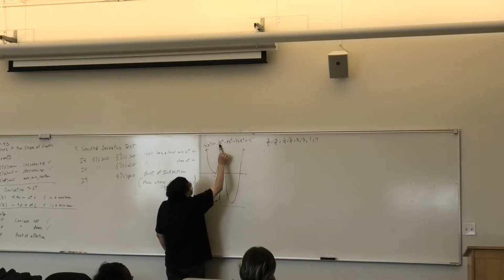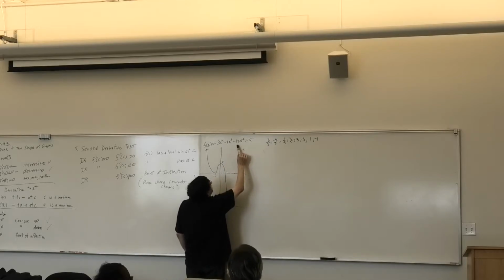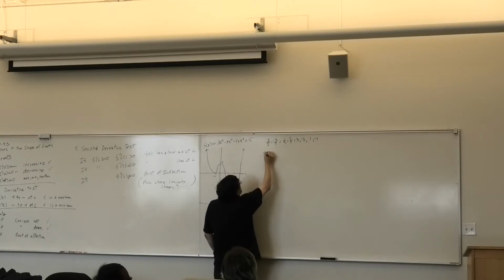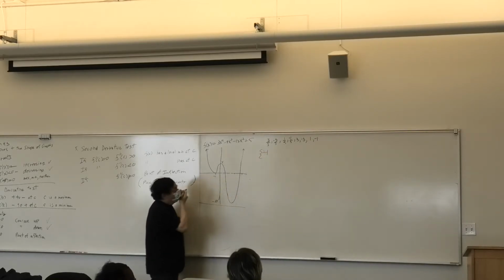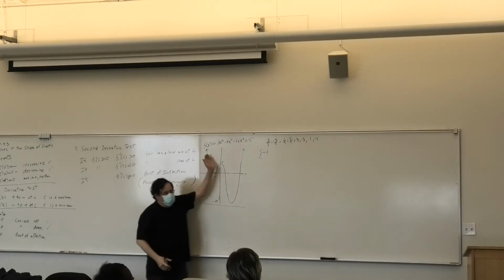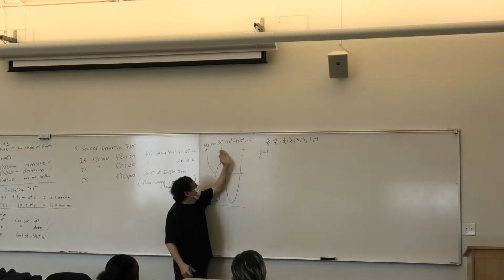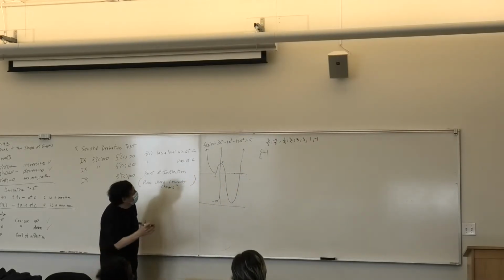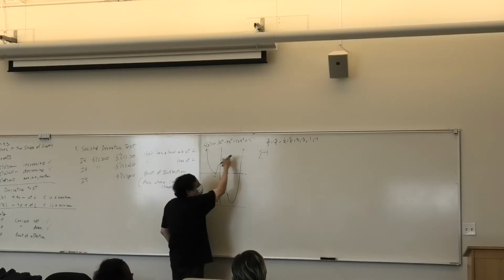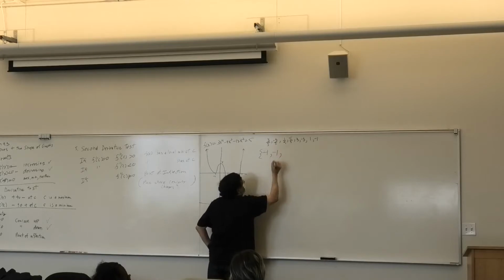If I plug in -1, I get 3 plus 4 is 7, plus 5 is 12, minus 12 is 0. So -1 is a root. Then, using synthetic division or long division, I can divide out x plus 1, and it's unimportant what I get. There's another root in here, another -1.